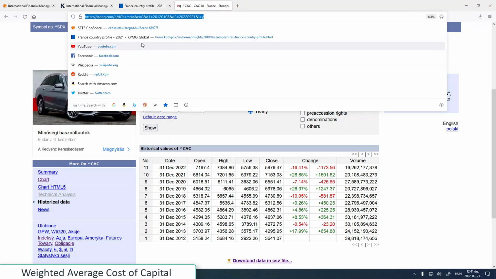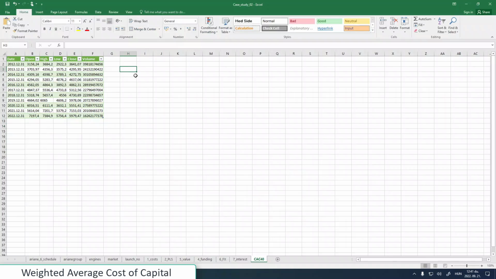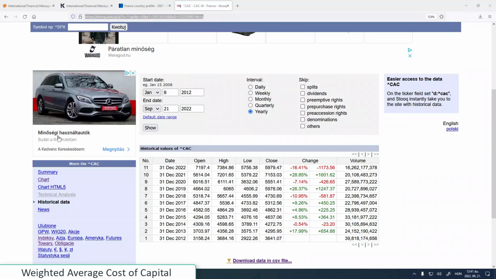Also, I will add the URL here. And now we have closing data for, I don't know how this appeared here, but okay, whatever. So let's use the opening and not the closing level.